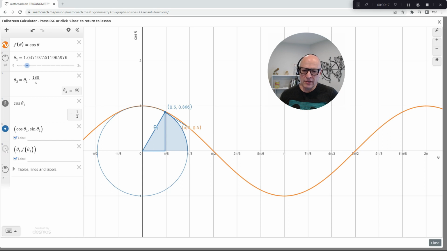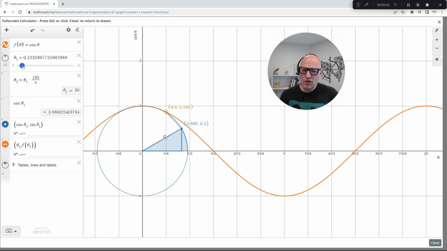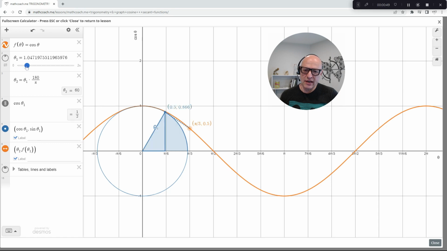For every theta value, and this is in increments of pi over 6, or 30 degrees, so 30, 60, 90, and so on, for every angle of theta, I'm showing the value of f of theta, basically the plotted point of the cosine function as well. So I can move the angle within my unit circle using this slider. So right now I'm at 30 degrees, and here I'm at 60 degrees.